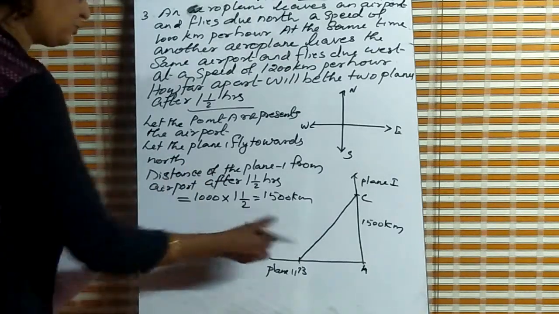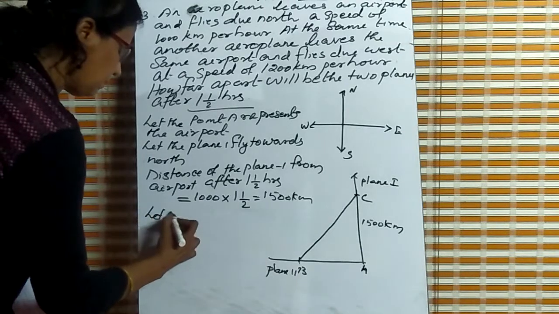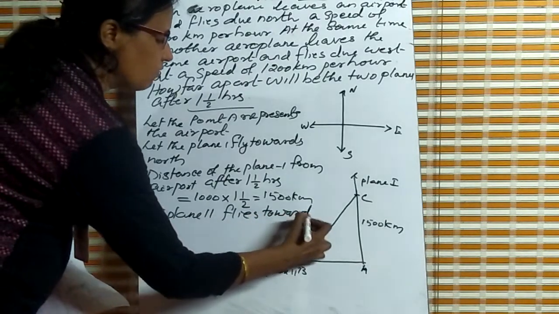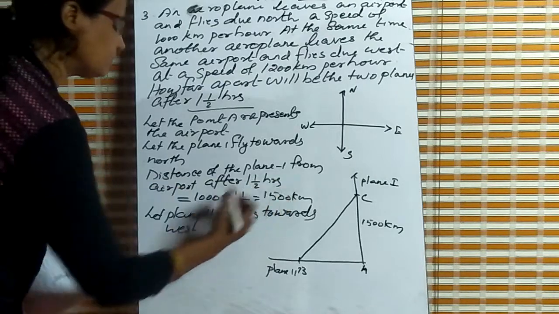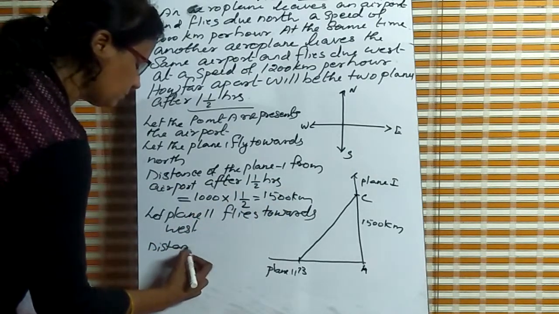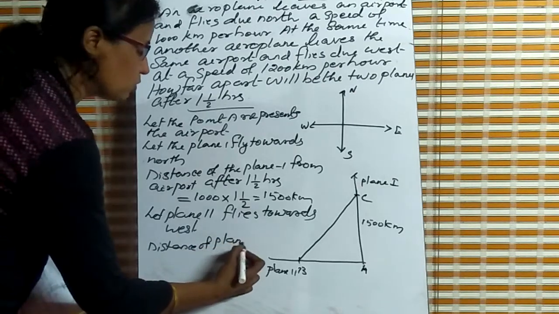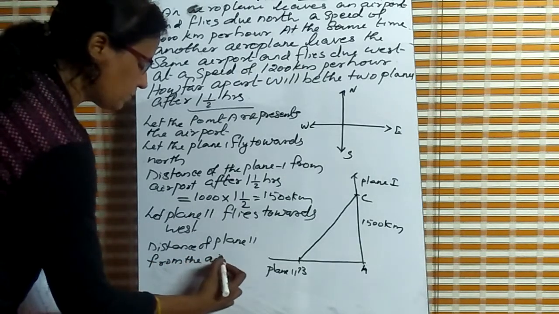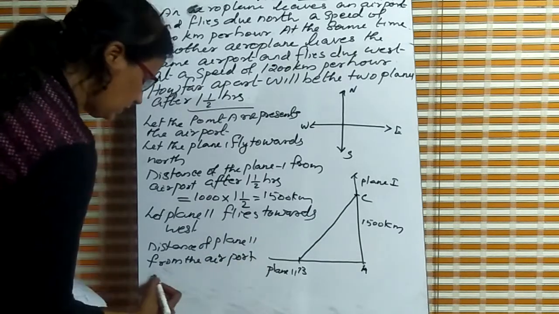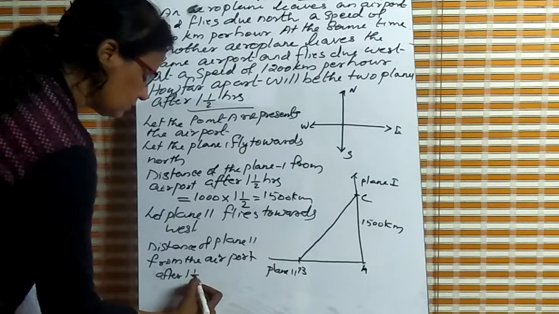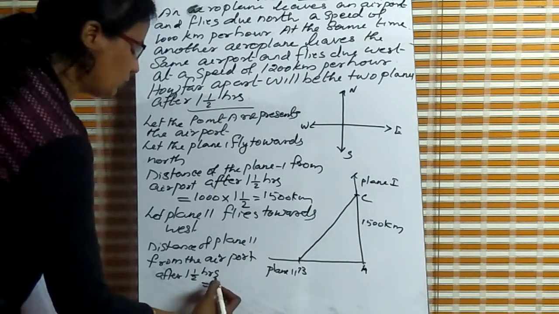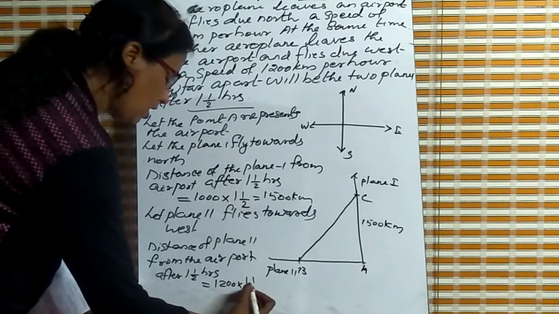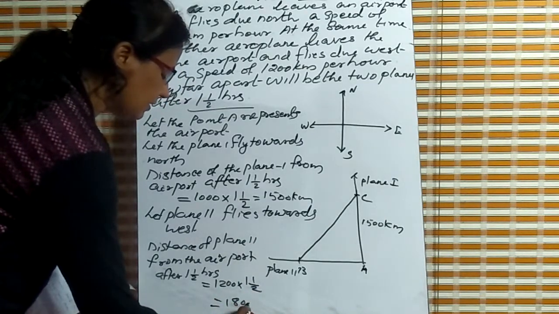And let plane 2 fly towards west. Next line, distance of plane 2 from the airport after 1.5 hours is equal to 1200 into 1.5 equals 1800 kilometer.